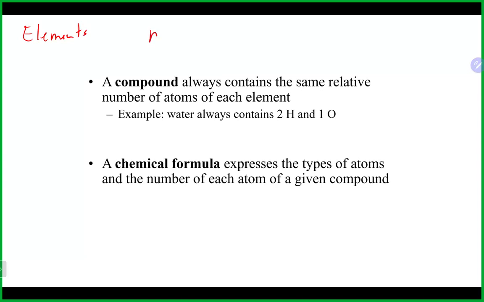There's also molecules. Molecules and compounds are oftentimes confused with each other, or sometimes people think they're always the same thing. Just a reminder that a molecule is, by basic definition, two or more atoms together.